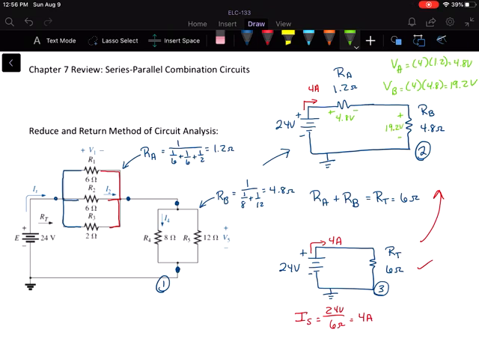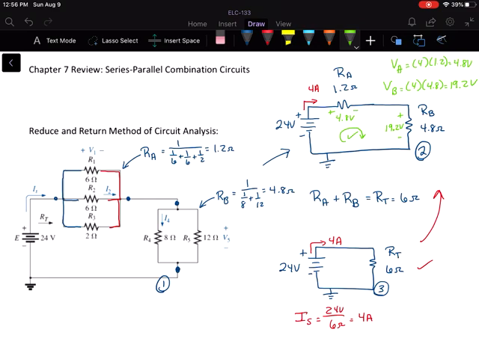Now let's do a quick little check of ourselves here. Kirchhoff's voltage law says that my 24 volt source should result in these voltage drops equaling 24 volts. So if I have a 4.8 drop, that leaves me 19.2 volts, and then I have another 19.2 volts across RB. So KVL holds up as well.